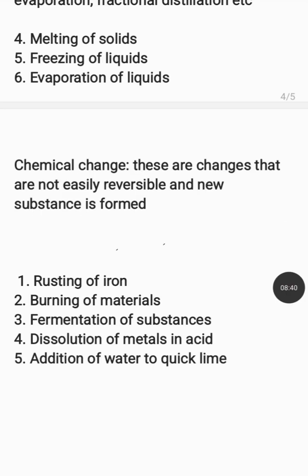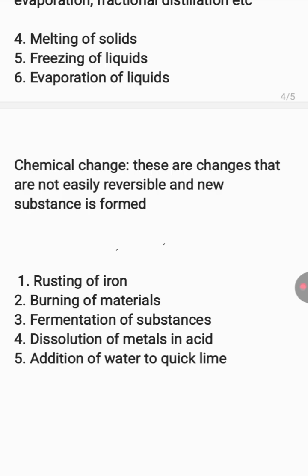Now let us look at their examples. Examples of chemical changes are: 1. The rusting of iron. When iron reacts with water in the presence of oxygen, it forms iron 3 oxide. 2. Burning of materials.